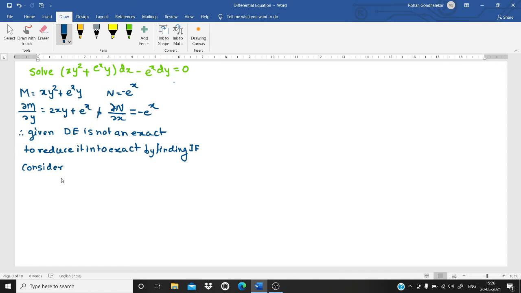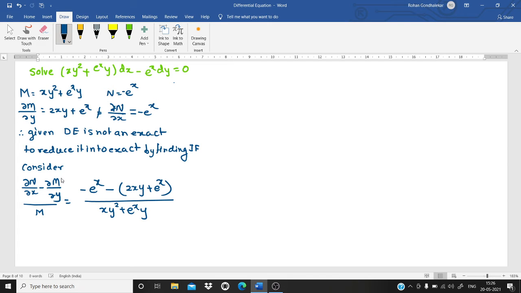नाउ व्हॉट इज द फोर्थ रूल? dabba n by dabba x minus dabba m by dabba y upon m. So what is dabba n by dabba x? Minus e raised to x. Minus sign given inside 2xy plus e raised to x whole divided by m, that is xy square plus e raised to x into y.